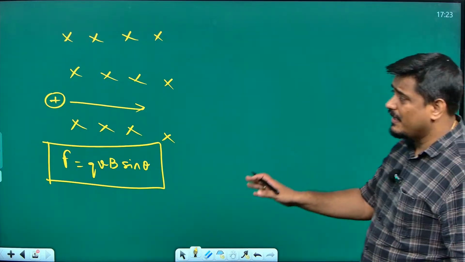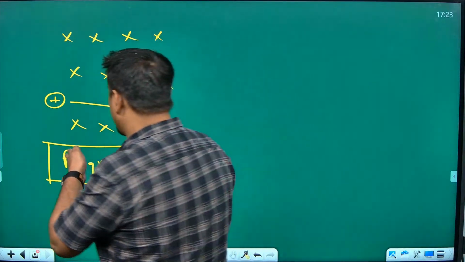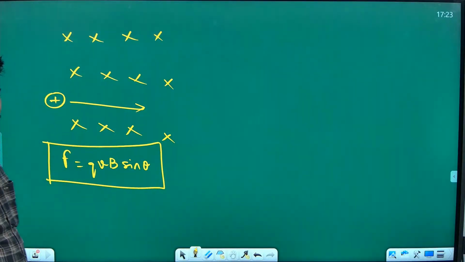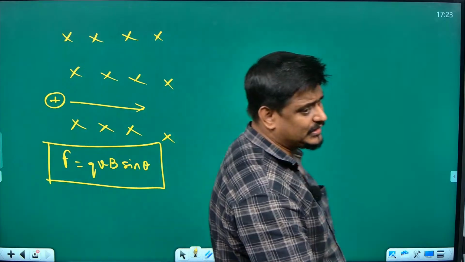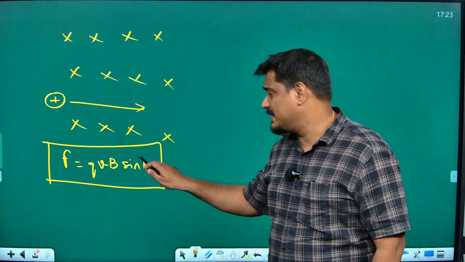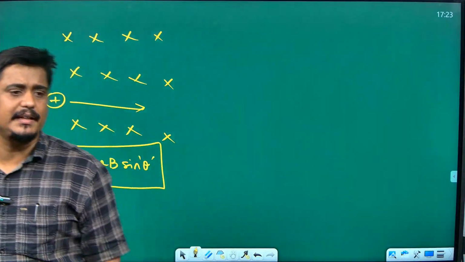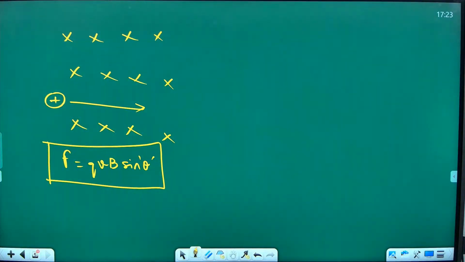For example, here the magnetic field is into the plane, velocity is towards the right, angle between them is 90 degrees. I hope you are understanding. So angle theta is the angle between the velocity and the magnetic field vector. That will always depend upon the angle. It will not always be 90 degrees. It can be any other angle also.